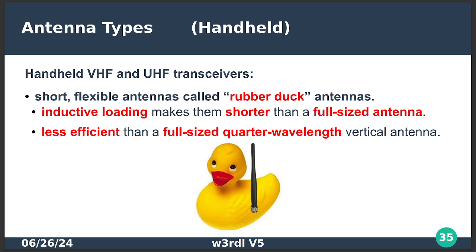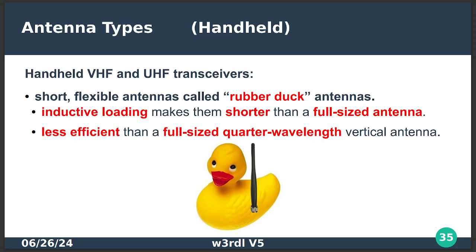Some of them are fixed. Most of them are FRS or GMRS, but they're fixed. You can't take them off. And this radio here is a DMR 1701 from Baofeng. This will work on DMR network when you want to take time to do it.